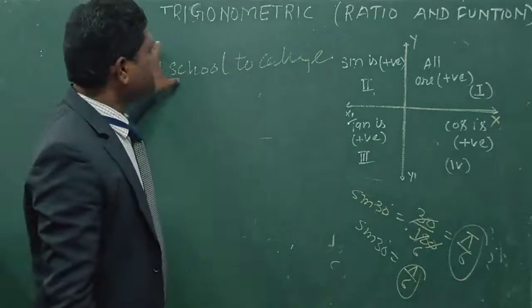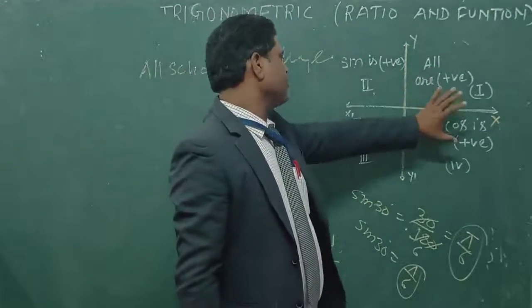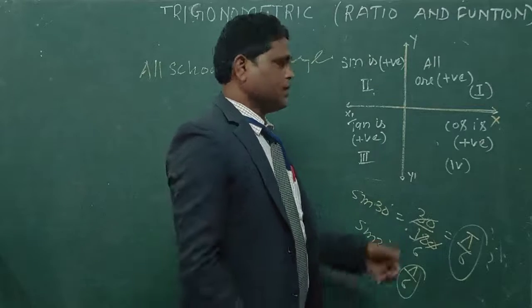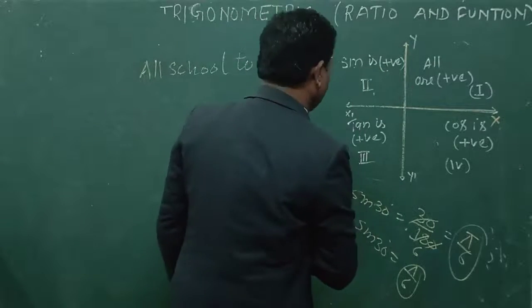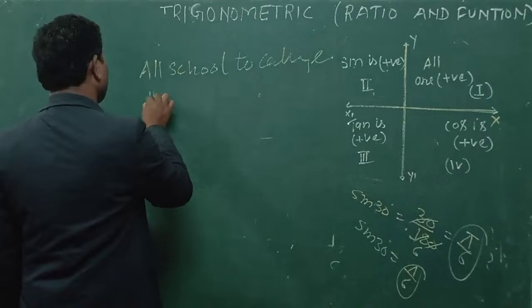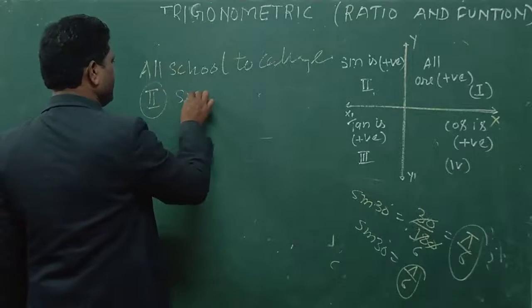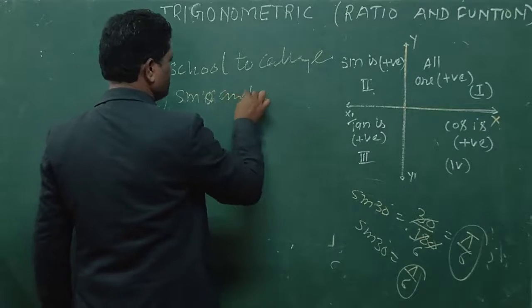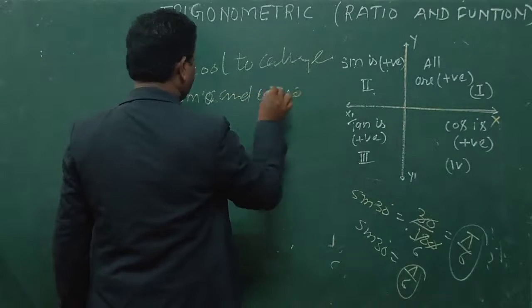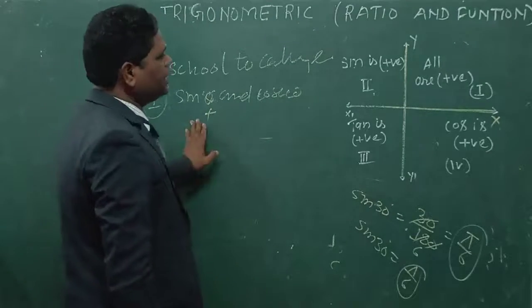All means all trigonometric functions, sin, cos, tan, cosec, are plus. But in the second quadrant, only sin and cosec are plus. Sin theta and cosec theta are always plus, and all the remaining are minus.